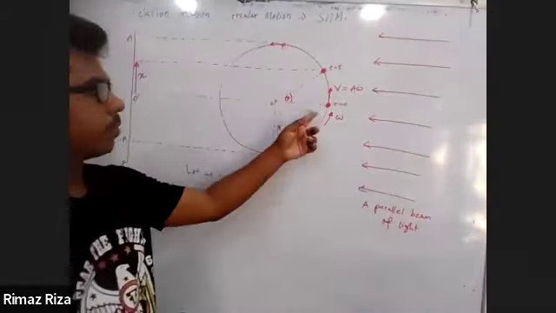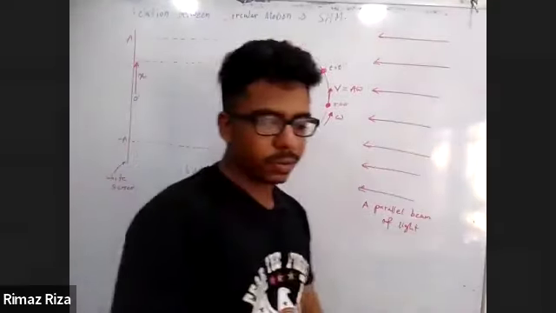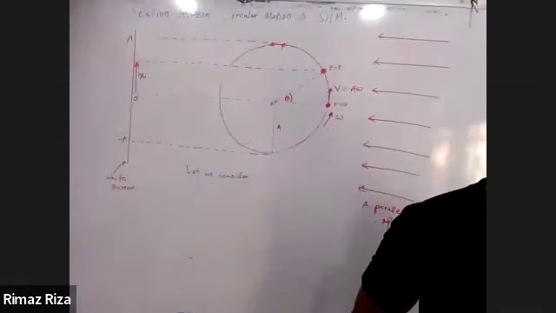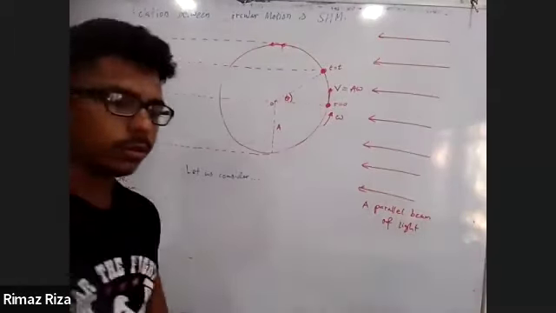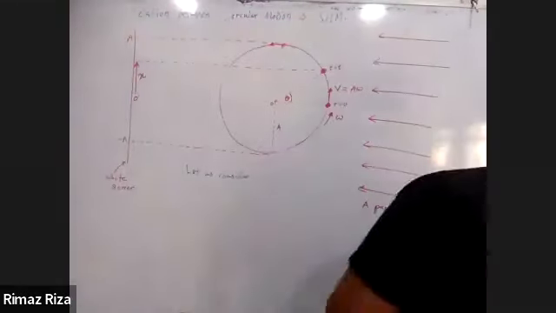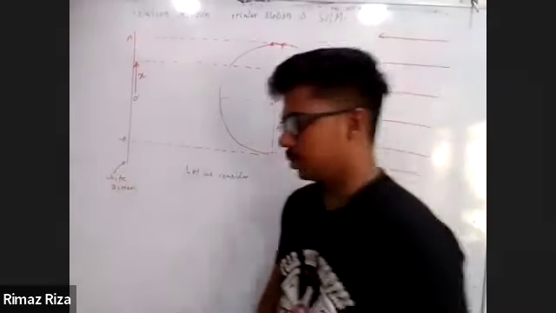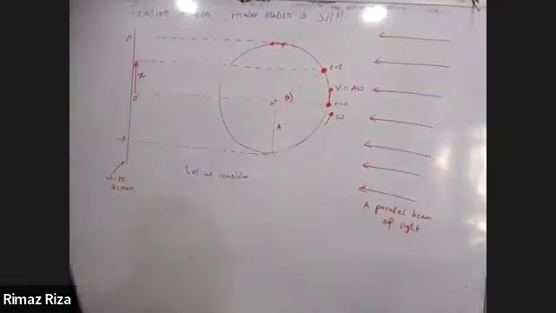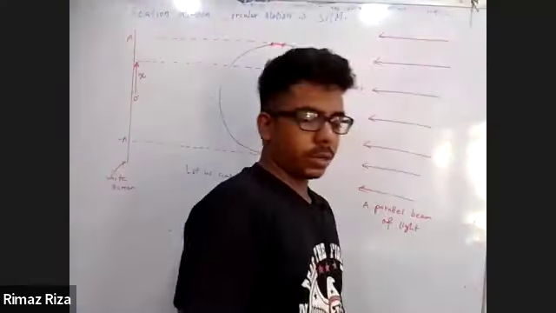Therefore, the period time of the circular motion is equal to the period time of the simple harmonic motion.